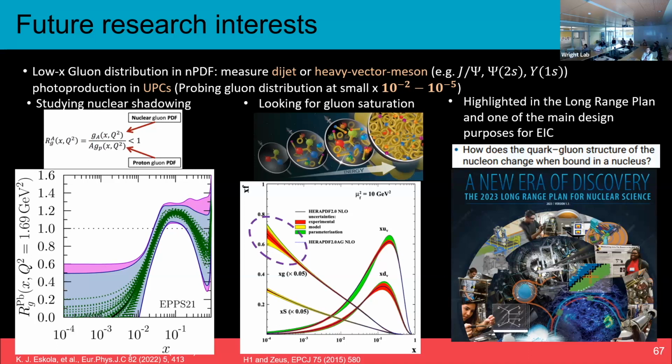And it's important. You can also study nuclear shadowing, which means if you take the ratio of the nuclear gluon PDF versus the proton gluon PDF, scaled with the atomic number A, you can see the shadowing means there's a suppression here, so less gluon is seen in the nucleus.